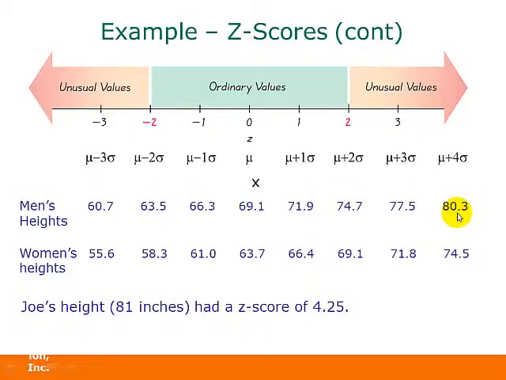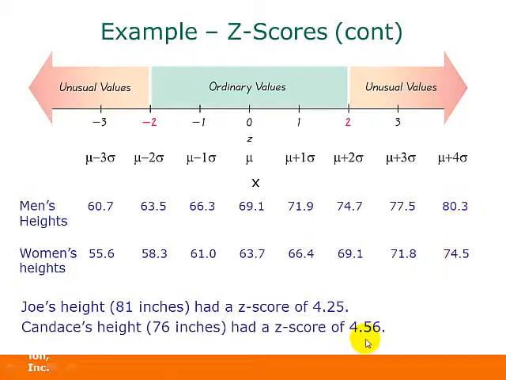The same for Candace. Her z-score was 4.56, so her height would be a little bit further over here. And if we look at her height of 76 inches, again, it's a little bit more than the mean plus 4 standard deviations.